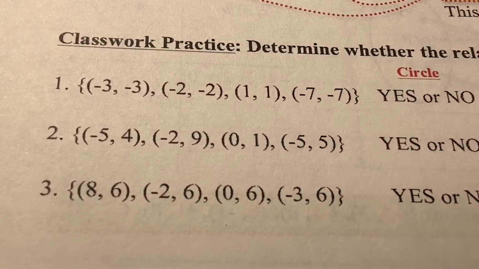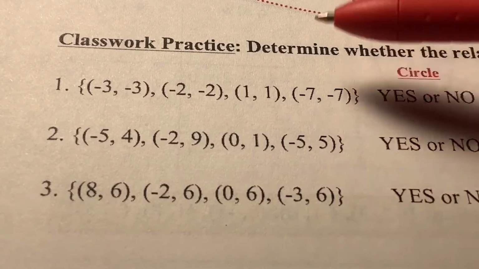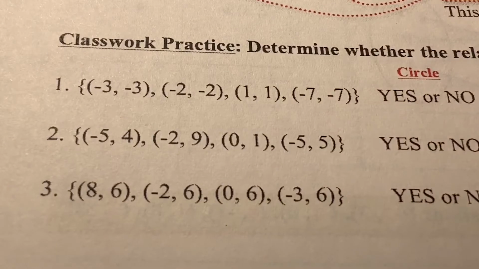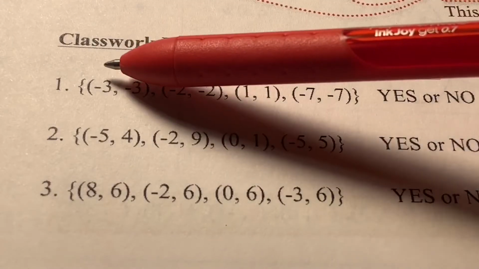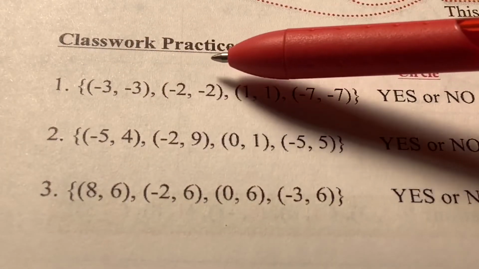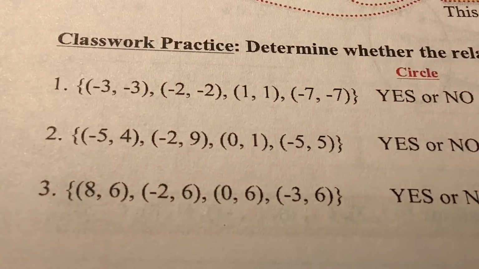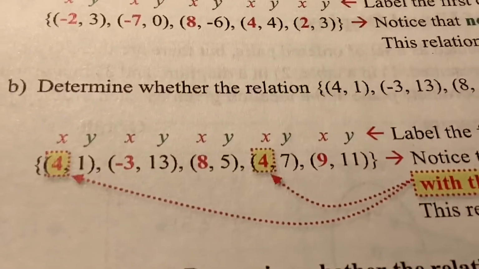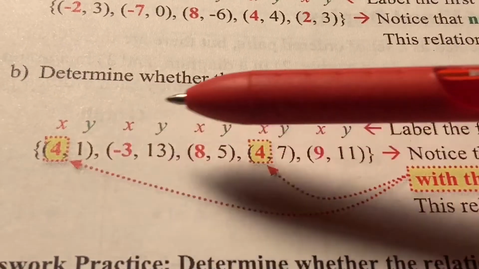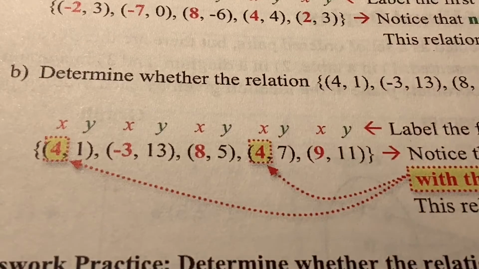So what you're going to do is you're going to do these 3 classwork practice problems, and please do it as I taught you, okay? I want you to write x, y, x, y, x, y, x, y. If you see any repeating x's, box them, like we did here. And if you don't see any repeating x's, then you don't have to box anything.